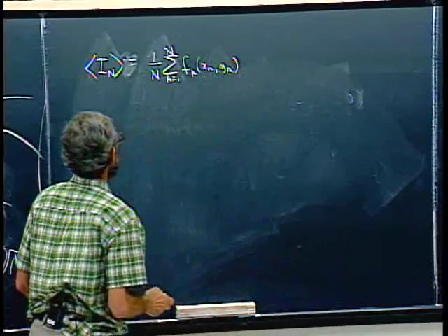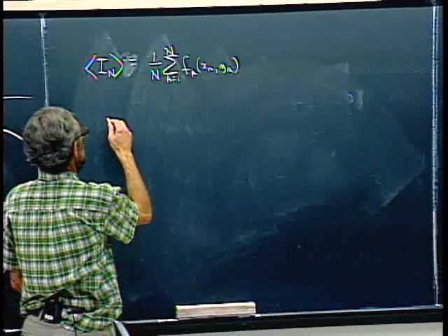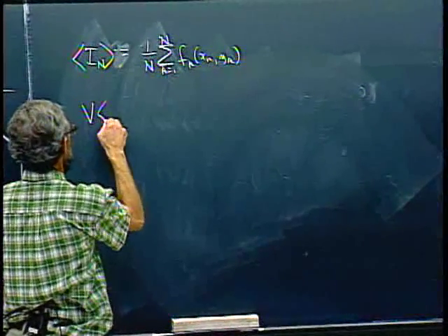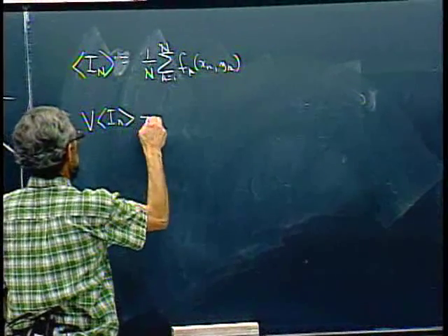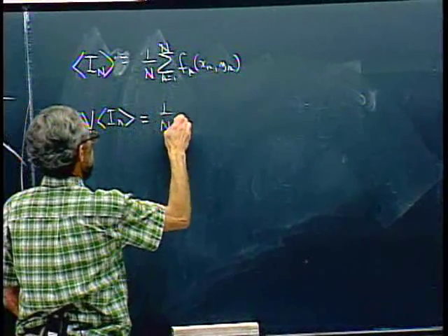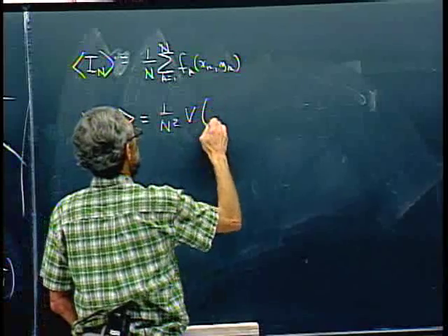And the variance of I_N then is going to be 1 over n squared times the variance of this sum.